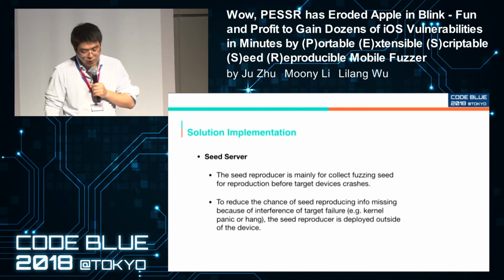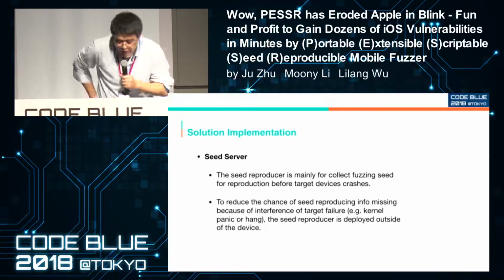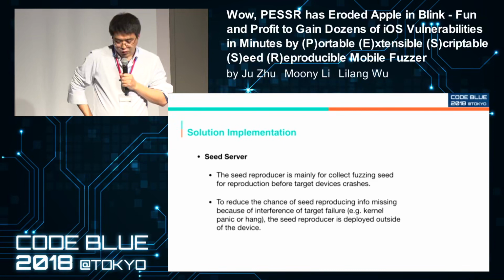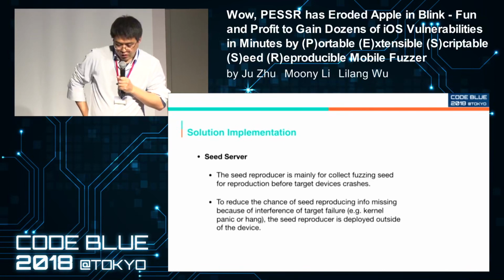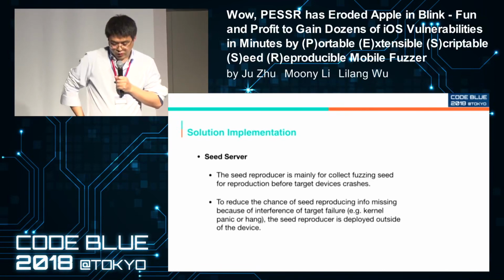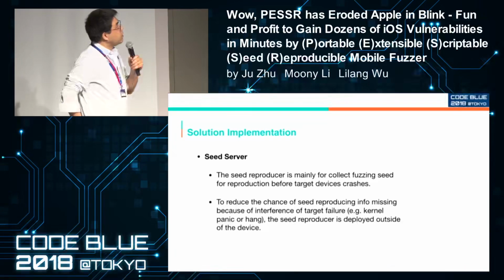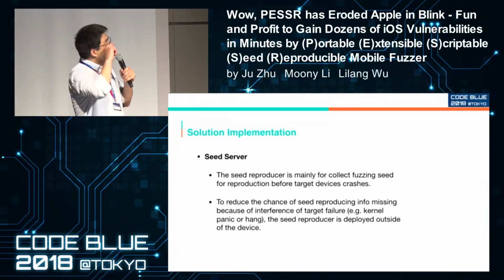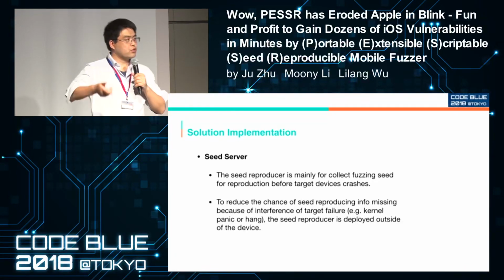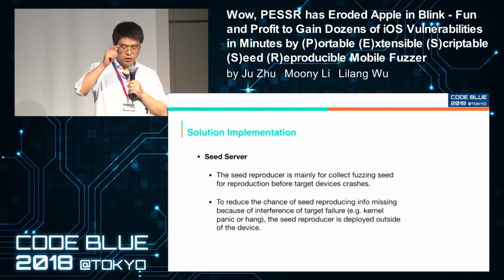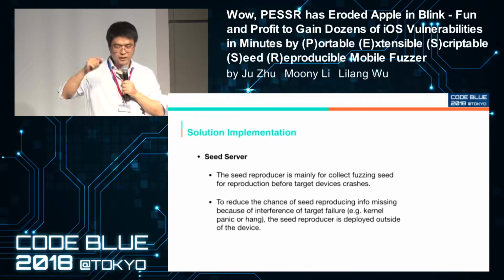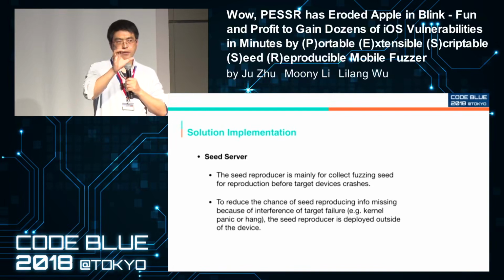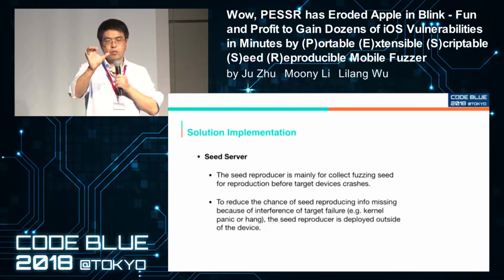The seed server is mainly for collecting the fuzzing seeds for reproduction, because the target device crashes. The main strategy for seed reproduction is that you can use one unique and identified integral value, for example 4 bytes.